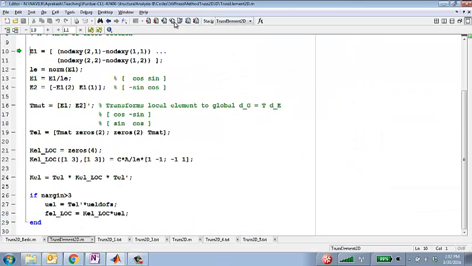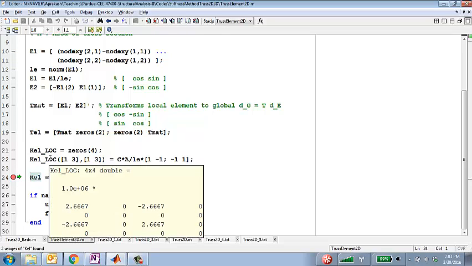So we'll step in here, we'll compute the local element stiffness matrix, which has non-zero elements in the 1 and 3 rows and columns. 1 and 3 degrees of freedom correspond to x prime, y prime directions, right?